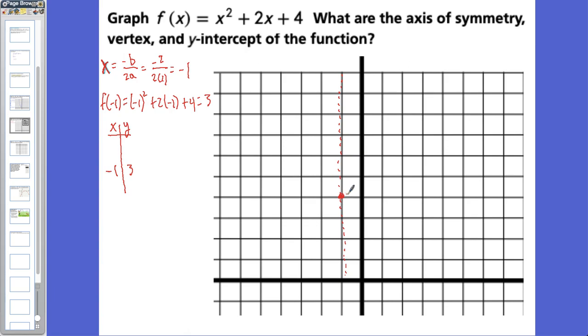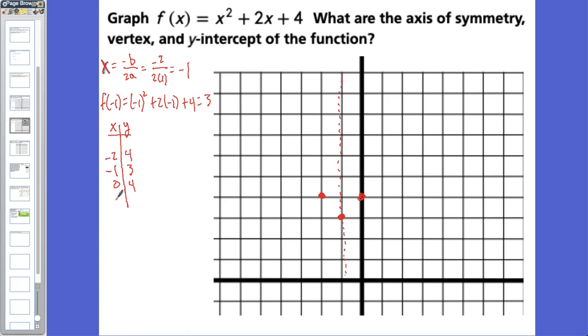Whoops, that's not right. Negative 1, 1, 2, 3. I don't know what I was thinking. There we go. And then my y-intercept would be on this side, so that would be 4. So 0, 1, 2, 3, 4, which means I've got another point right here at negative 2 comma 4.